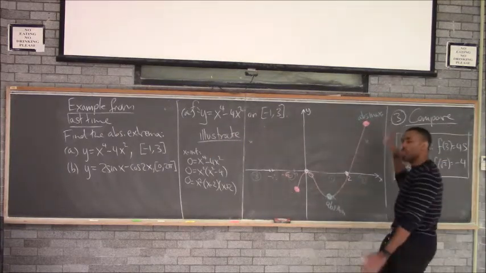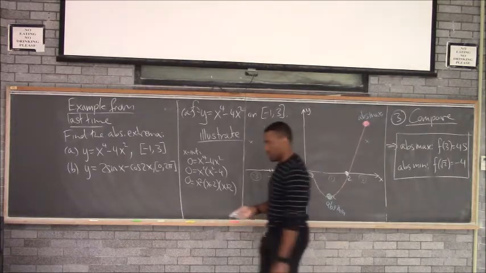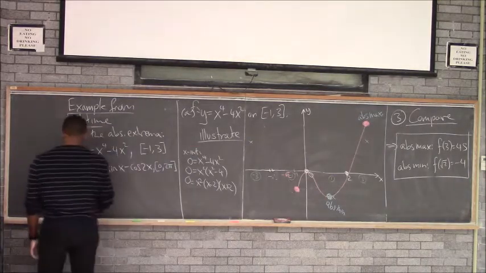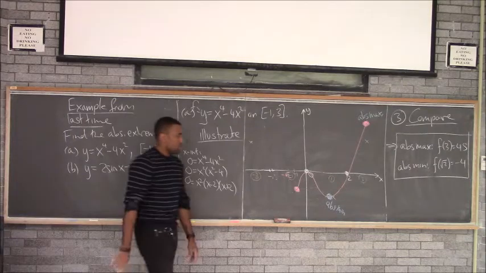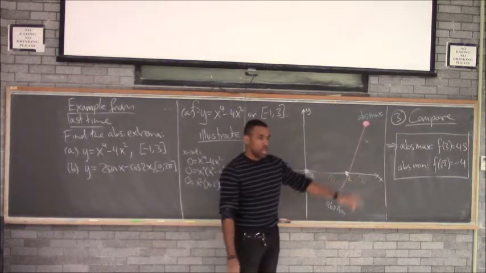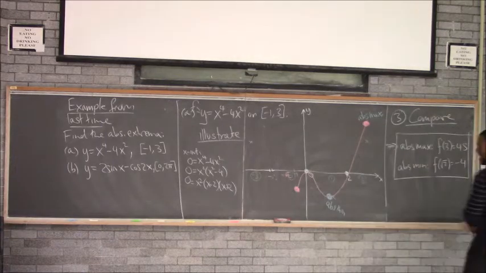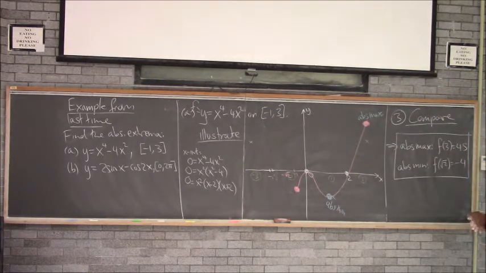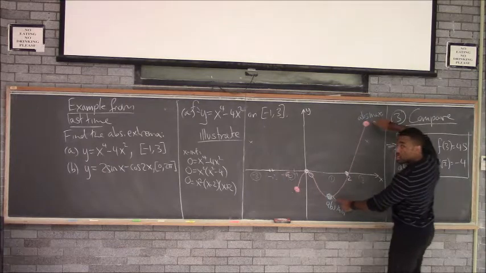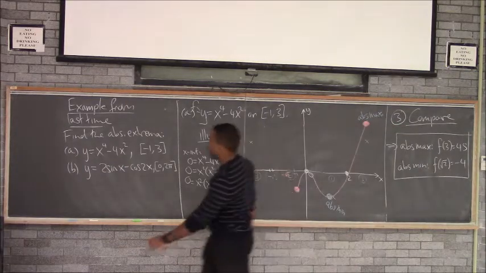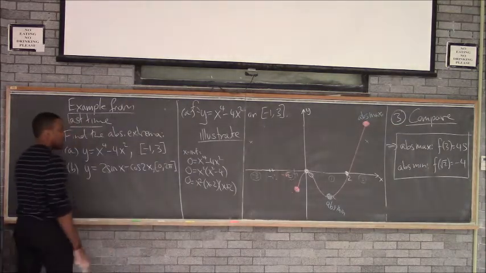I don't have to go through all this to figure it out. So that's how I figure out the absolute max and min for this function. By going through these calculations, I can actually identify the specific points where this kind of property occurs. Let's do it again.